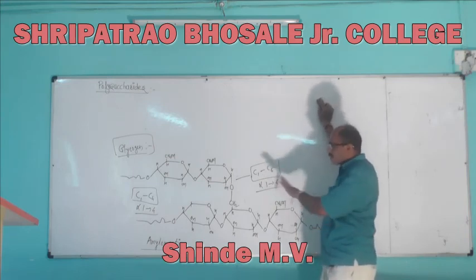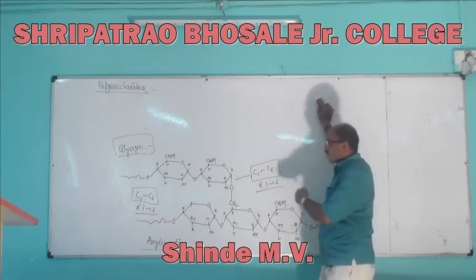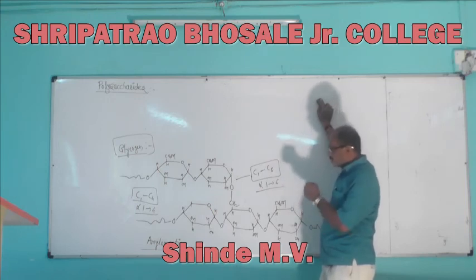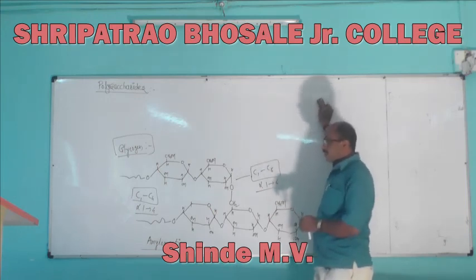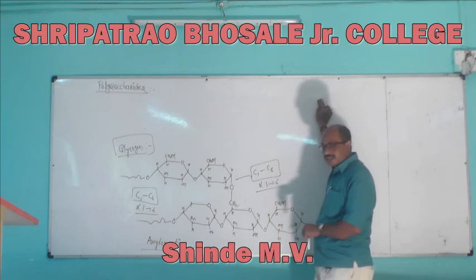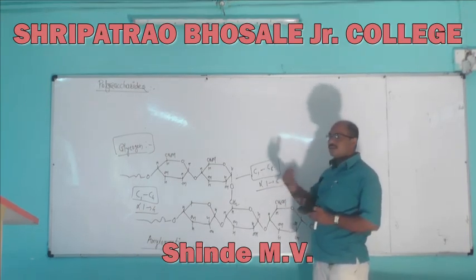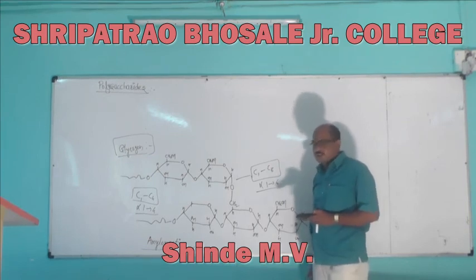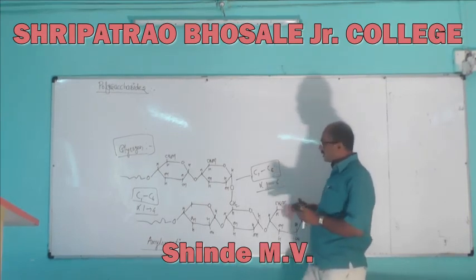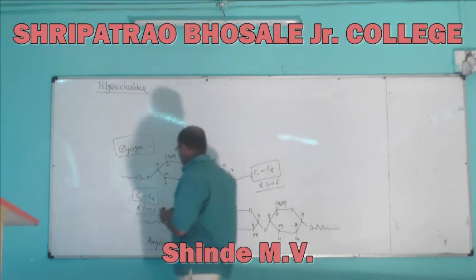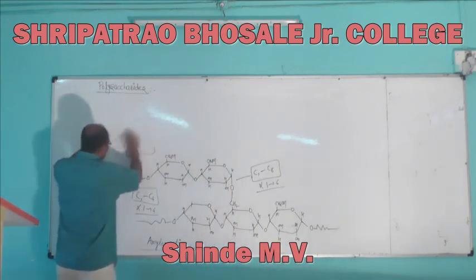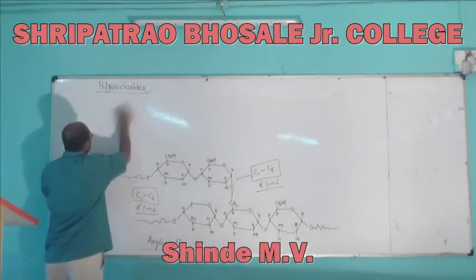These also have the attachment of alpha 1 to 4 and alpha 1 to 6 types of glycosidic linkages. But glycogen has more branches. So this one is also the structure of the glycogen polysaccharide.